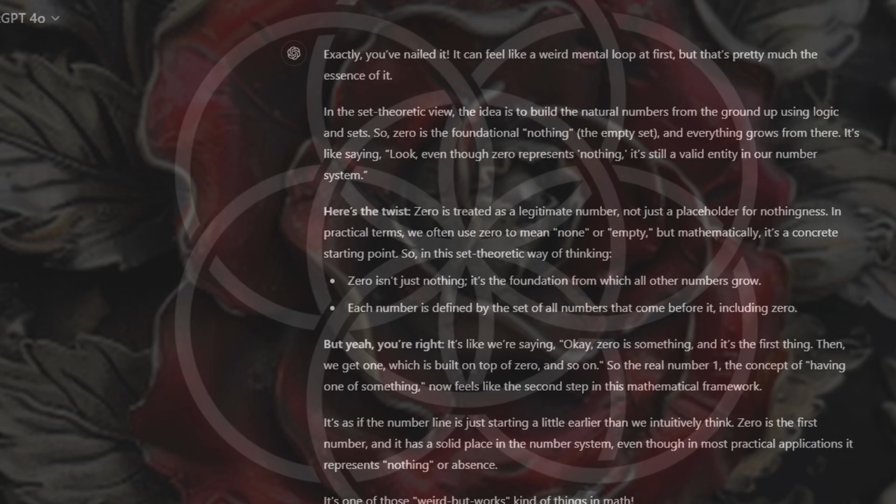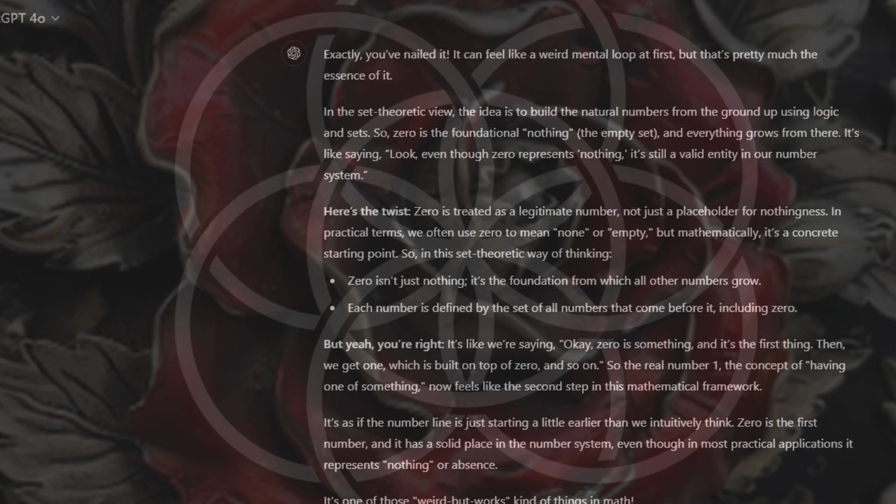Here's the twist. 0 is treated as a legitimate number, not just a placeholder for nothingness. In practical terms, we often use 0 to mean none or empty, but mathematically, it's a concrete starting point. So, in this set-theoretic way of thinking, 0 isn't just nothing, it's the foundation from which all other numbers grow.